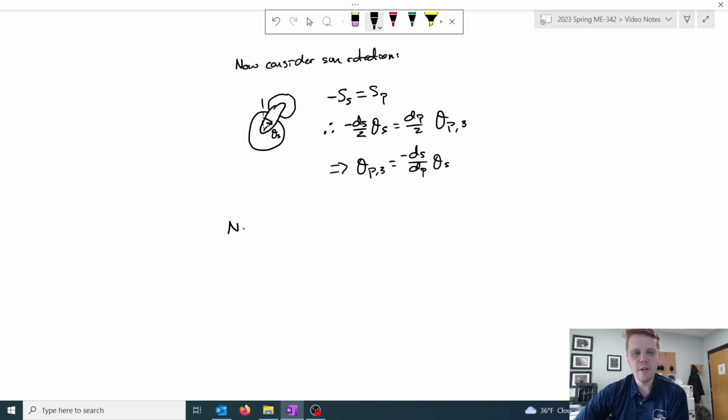So now we can put all this together and find the net rotation of the planet. And so we're just going to say that theta p must be equal to the summation of the three components that we've expressed now.